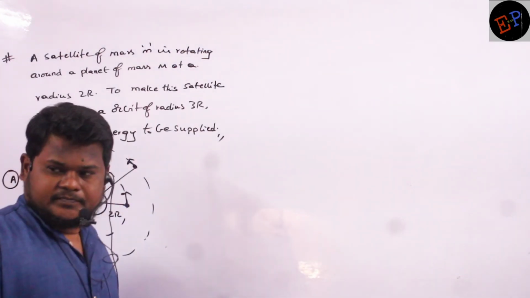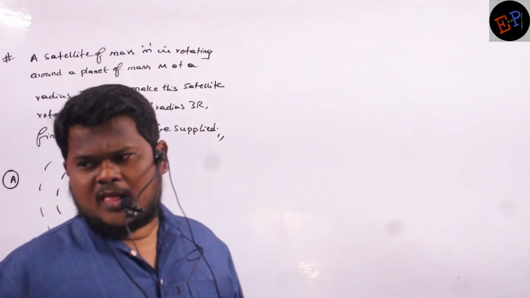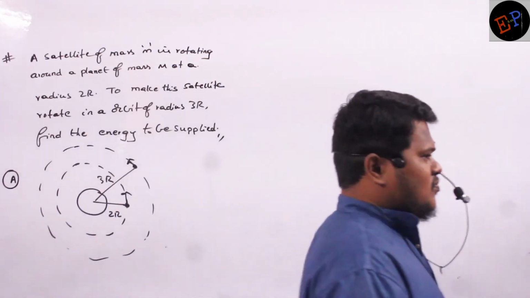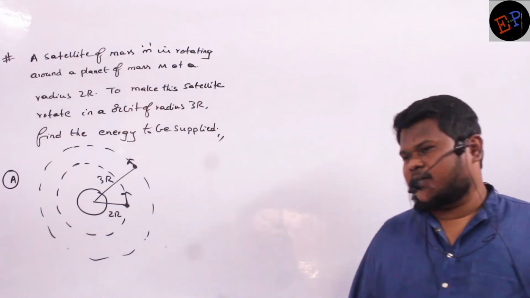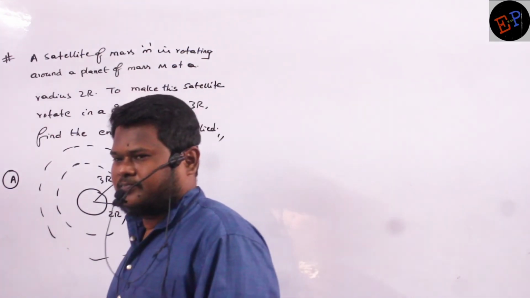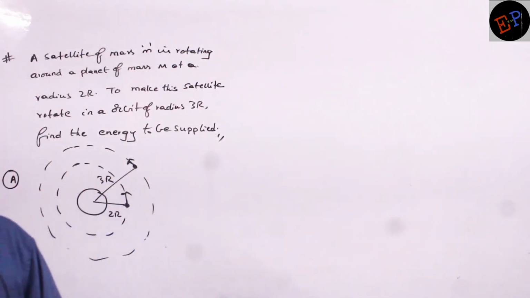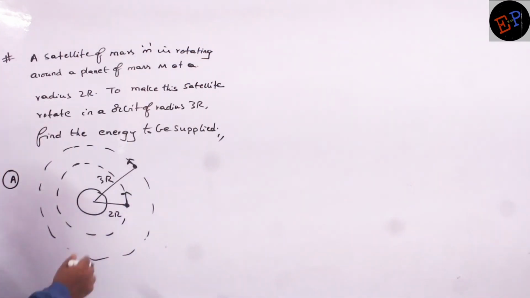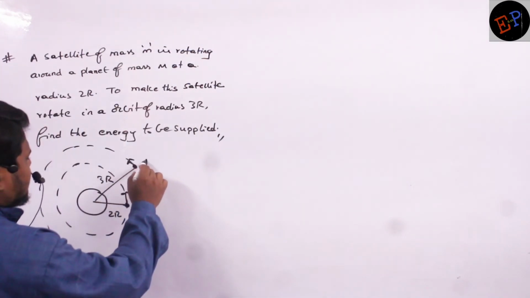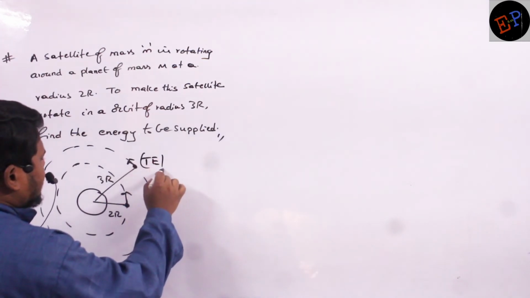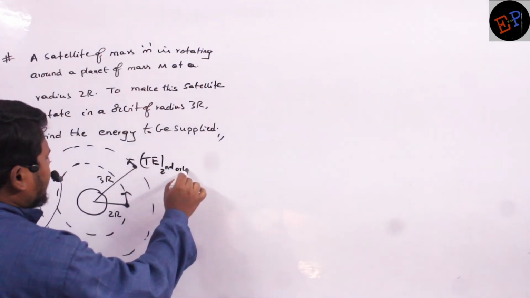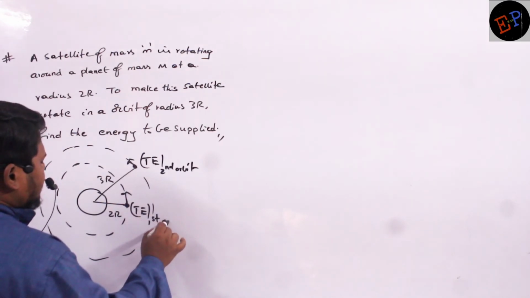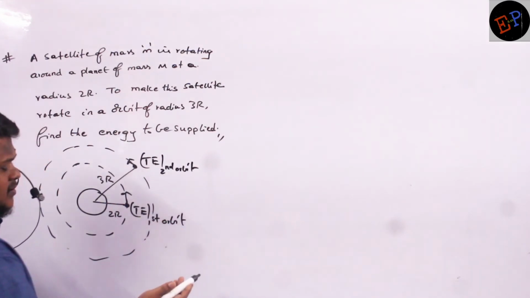How can you calculate this one? So this is the second orbit, no? So calculate the total energy of the second orbit. Calculate the total energy of the first orbit. Then what is the energy I have to supply?